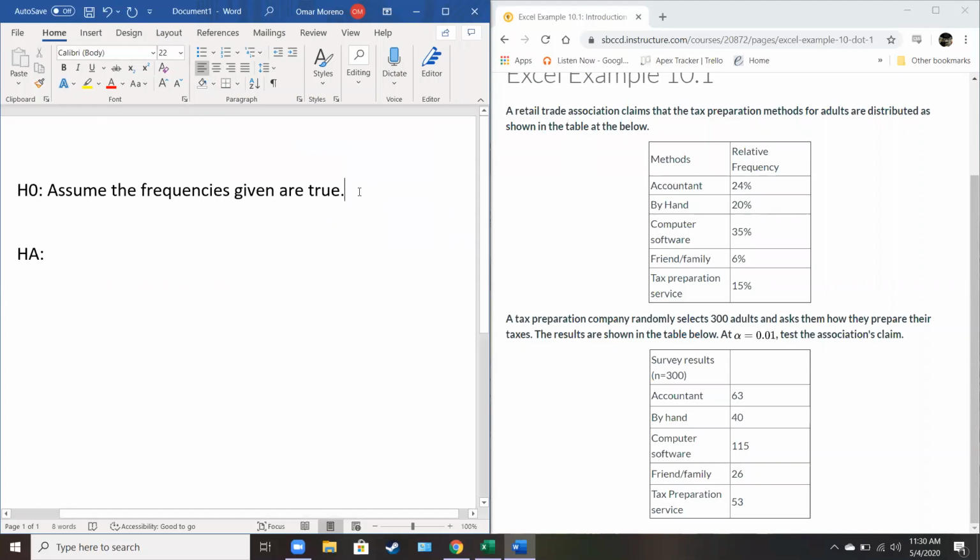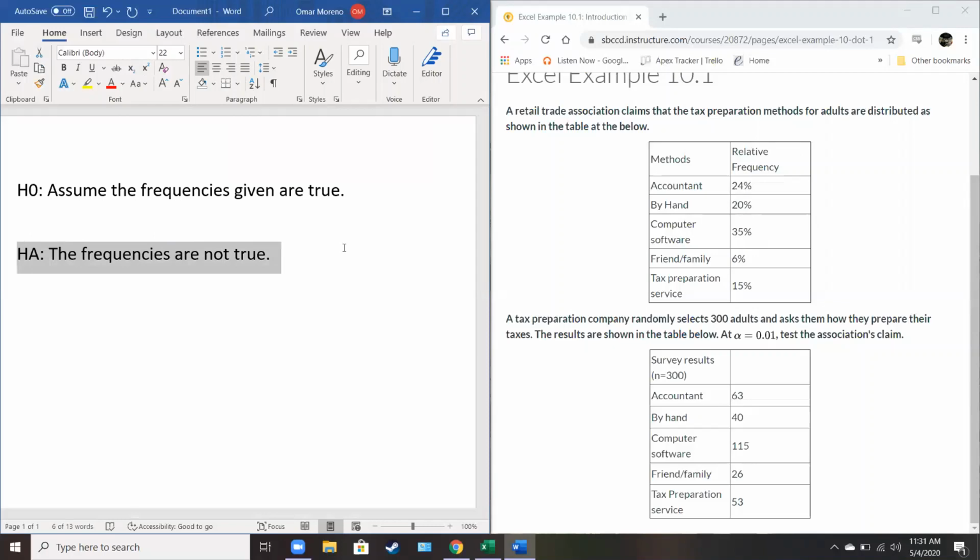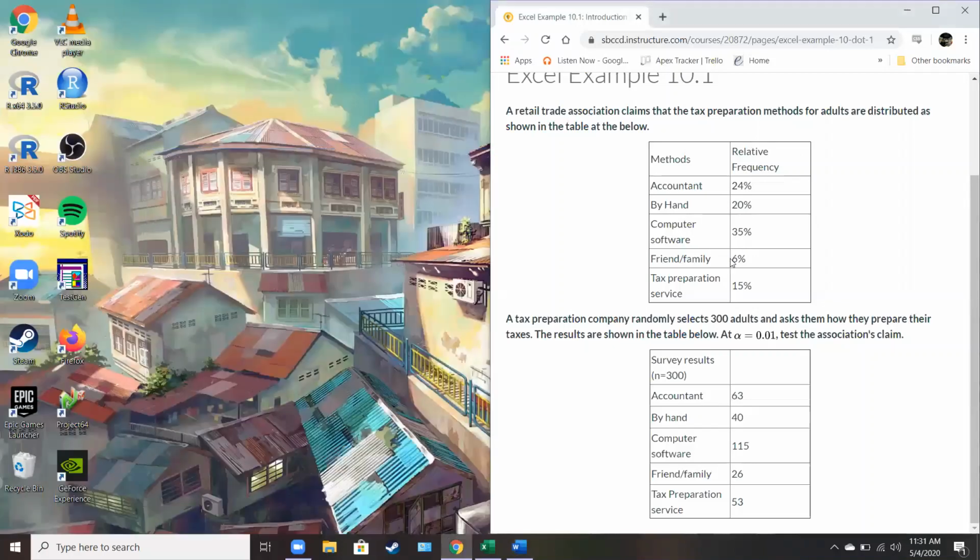You could do it and write it out that way, but I'm just going to represent it as assume all these frequencies are true. And my alternative is the opposite, right? The frequencies are not true, right? Not equal to those values that are given, right? We're going to perform this test to see if we have enough evidence to say that these given frequencies are not the true frequencies, right?